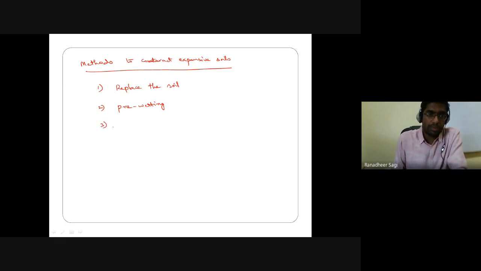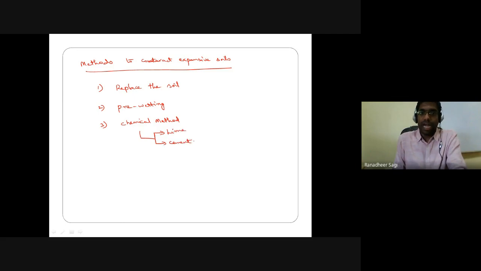Another approach is what is called the chemical method. In this method, we add lime or cement. By adding lime or cement, we bond the soil grain particles strongly to one another, so that the nature of expansion and swelling can be minimized because of the strong bonding between those soil grains.